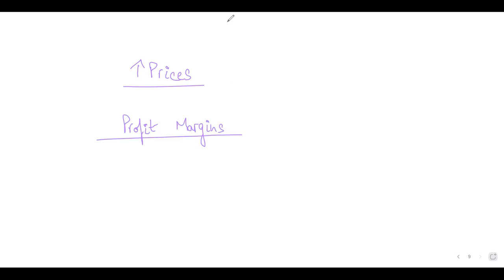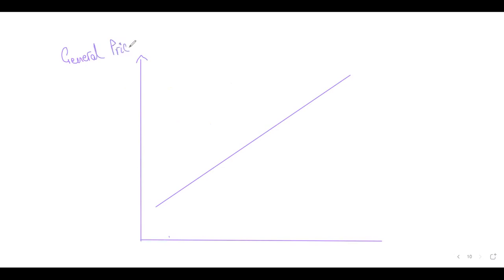Do you remember the graph for aggregate supply? Aggregate supply is upward sloping, which shows that the higher the general price level is on your y-axis, and what is on the x-axis?